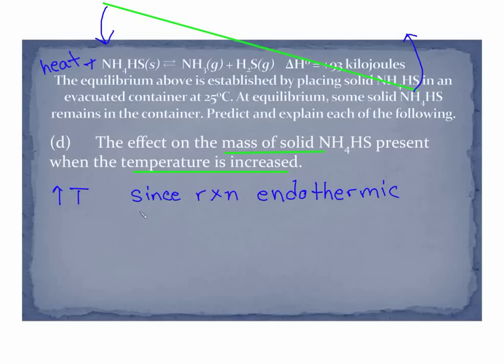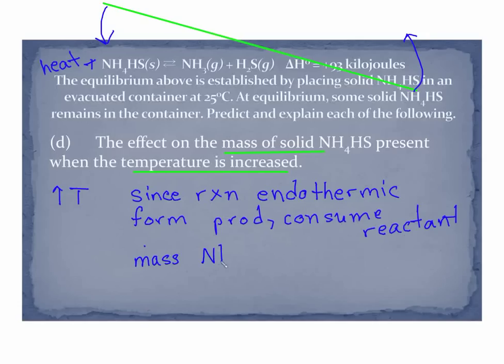So since the reaction is endothermic, requiring heat, when I give it heat, I'm going to form product and consume reactant. All right, so what will happen here is if I'm going to consume reactant, my mass of NH4HS will go down. I'll use some more of it till it reestablishes equilibrium.